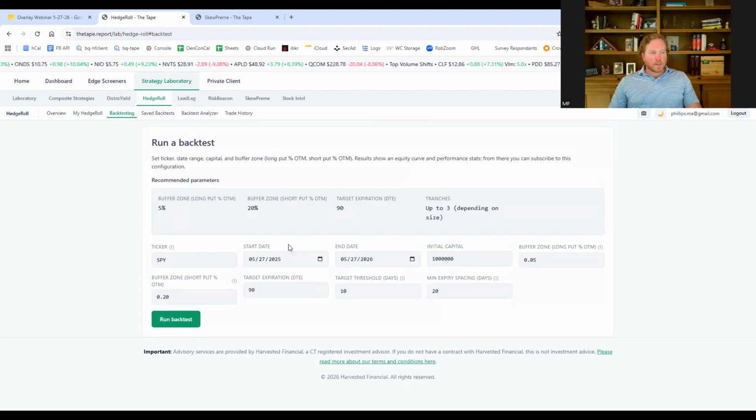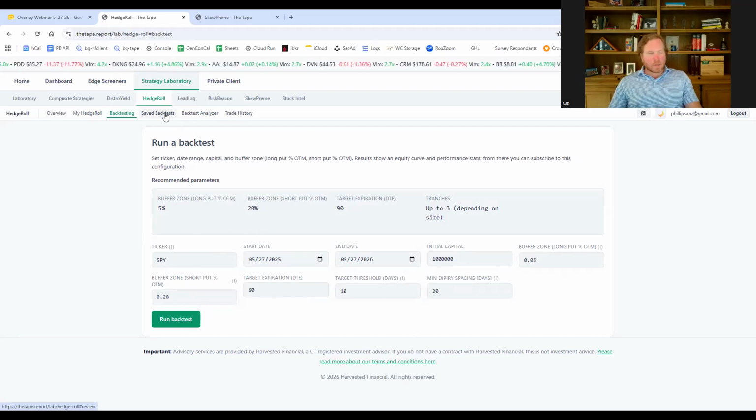So all those different parameters we talked about, you can set a bunch of different start and end dates. You can focus on the last 3 years, 5 years, last 15 years, capital base, set all the different buffer zones, target expirations, all kinds of good stuff here. Once you enter those in, it'll submit the back test.